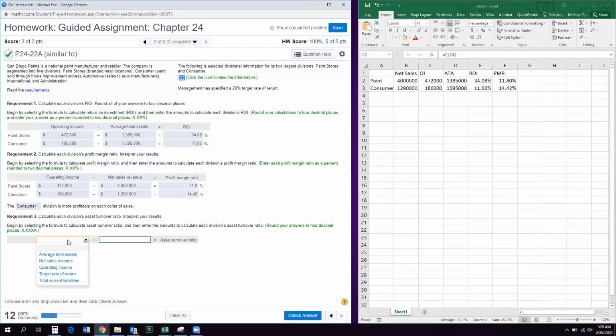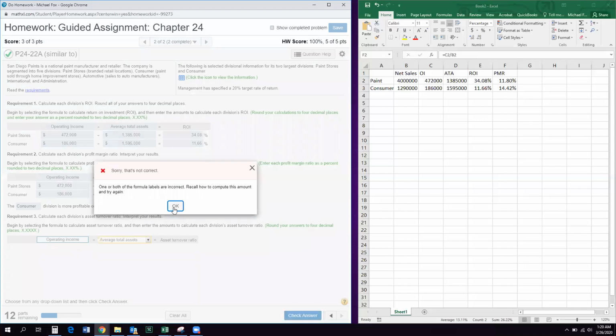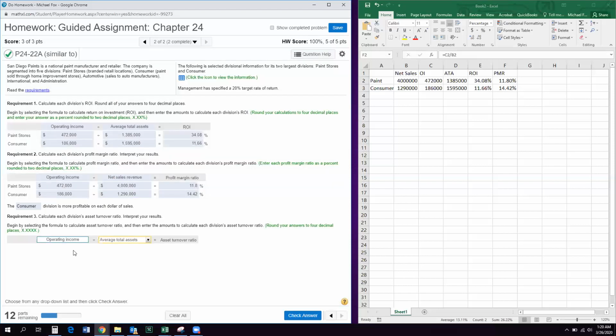So our asset turnover ratio is just going to be our operating income divided by our average total assets. I think, whoops, made a mistake there. Sorry about that.